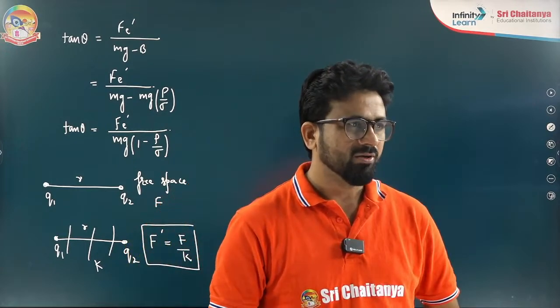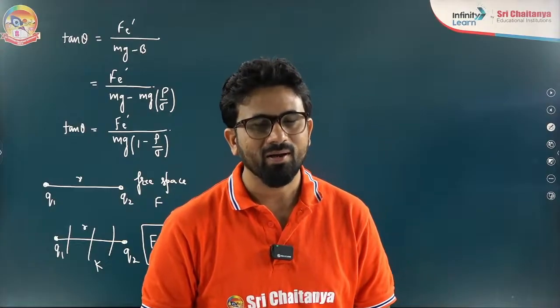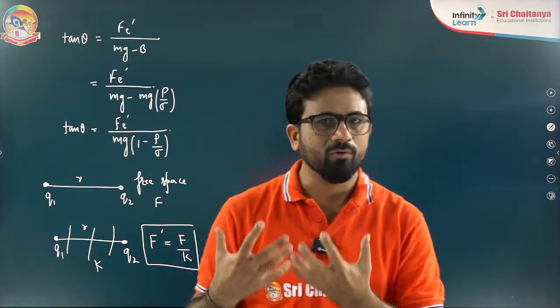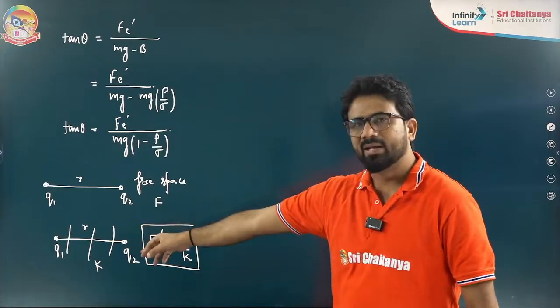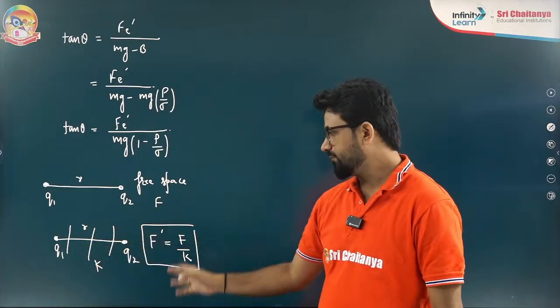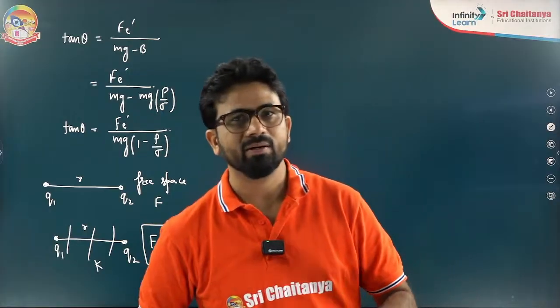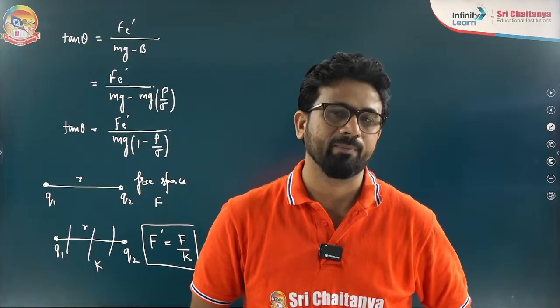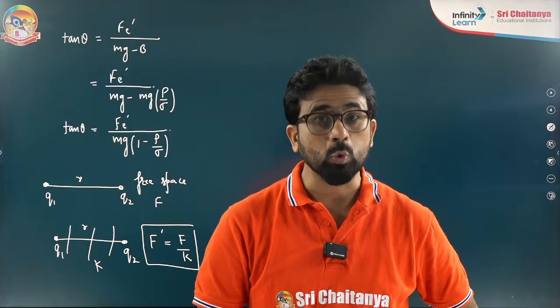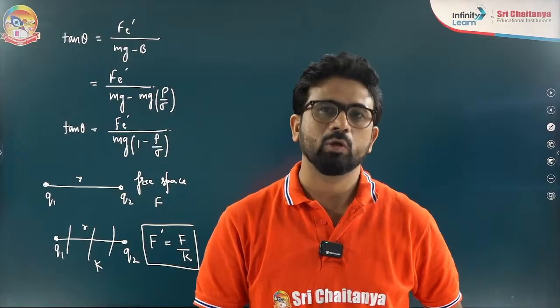Try to understand. So what is the dielectric constant? Just focus on this part. Whenever the dielectric medium is there, the force decreases by k times, that means the force acting between these charges decreases by k times. Suppose the dielectric constant is 2, then the force will decrease by 2.